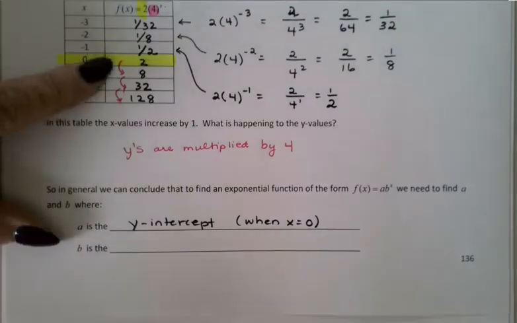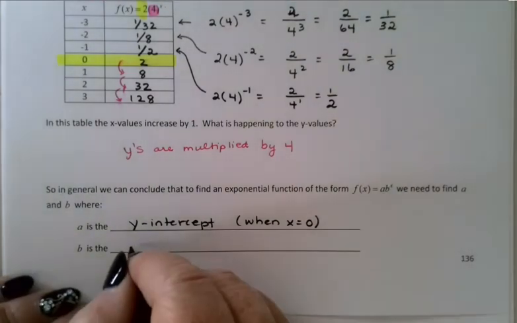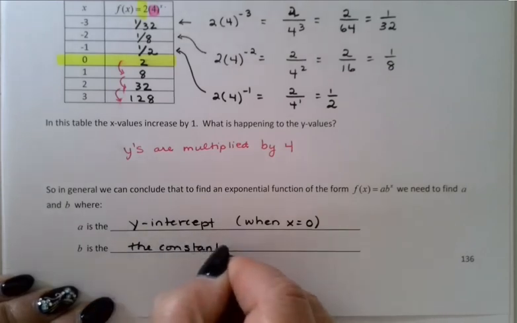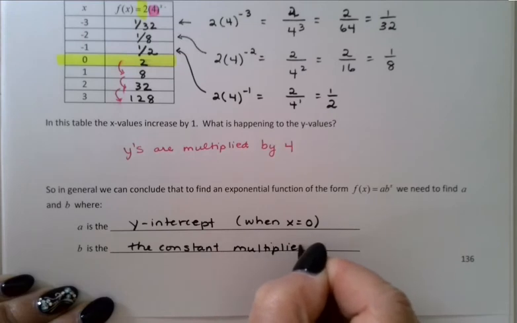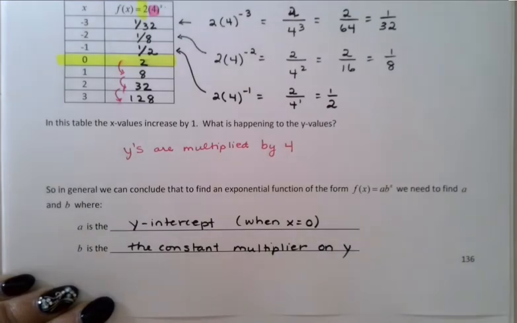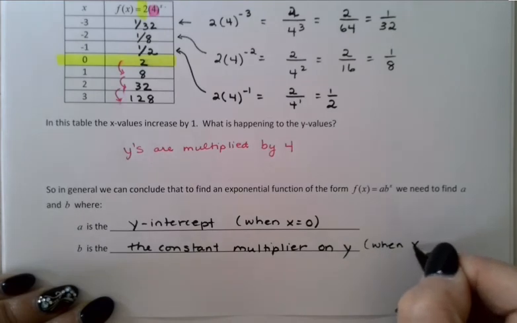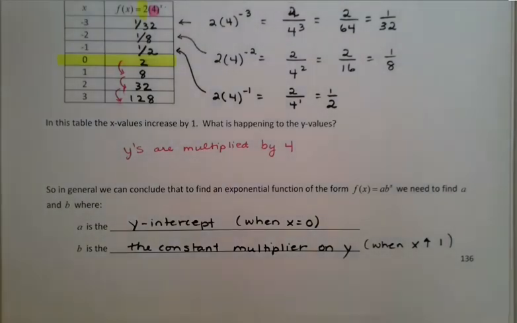B is the constant multiplier when x increases by 1. So it's the constant multiplier on y when the x's are going up by 1. All right, let's use that idea to come up with exponential functions for a couple of tables of values on the next page.